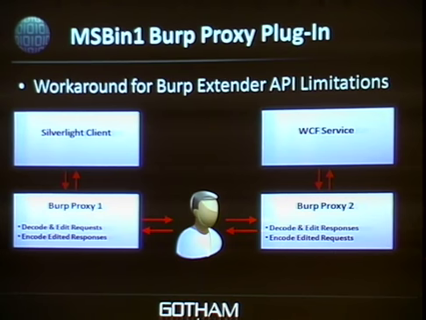The way that each of those talks to the other is that the plugin sets a custom header that notifies the next proxy in the chain that the message either needs to be encoded or decoded. If you do need to edit response data, it's not a very common scenario. This is really just if you want to try and trick the Silverlight client into doing something and thinking that the web service gave it something it shouldn't have. You can certainly use this workaround, and it'll get you there.